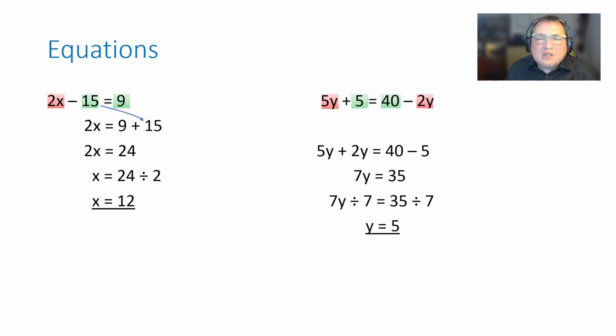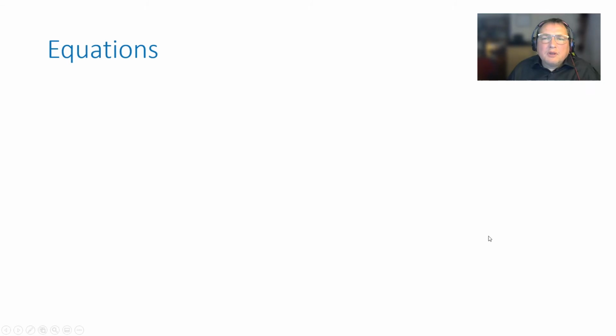Similarly, we did in the second equation. Here 5 was moved from the left to the right, and it switched from positive 5 to negative 5, and similarly negative 2y switched the side and became positive 2y.